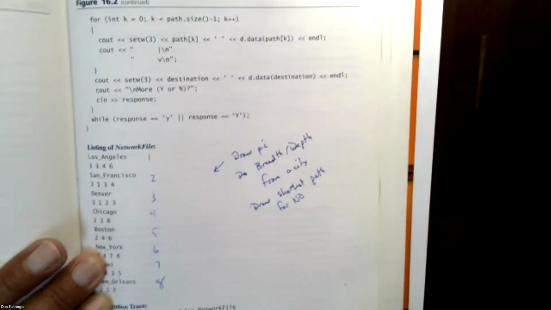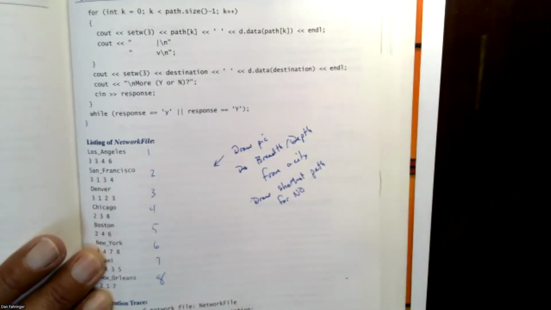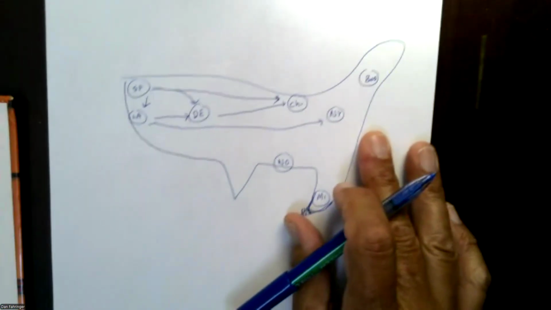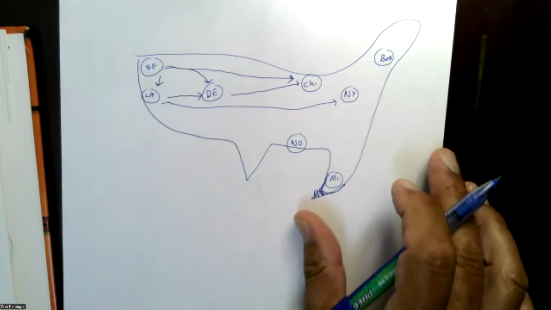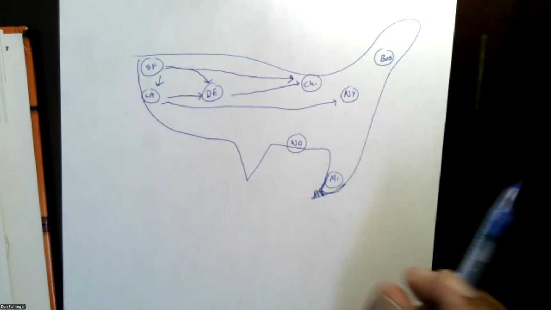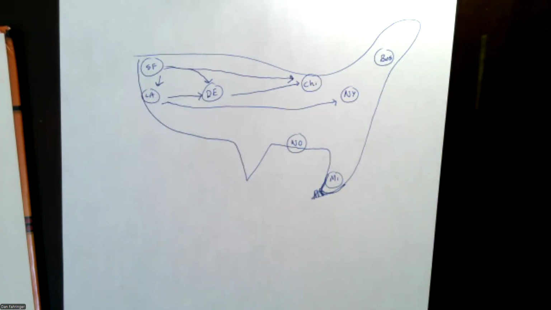Again, page 907 in the book is where I'm getting this from. And I could keep going. You got the idea of what's going on?